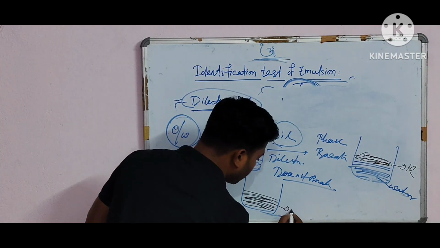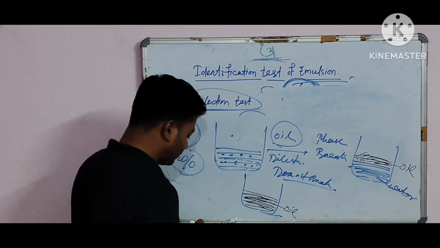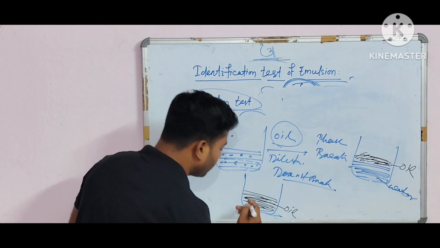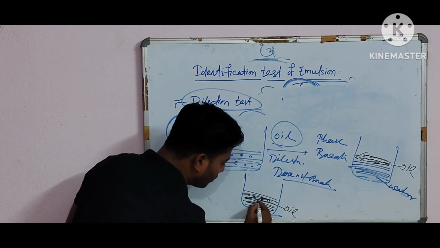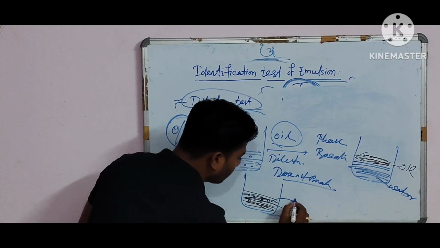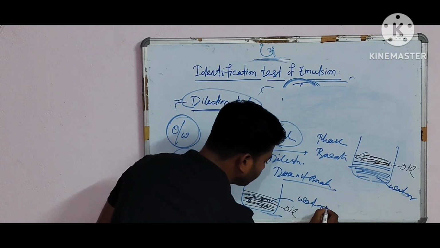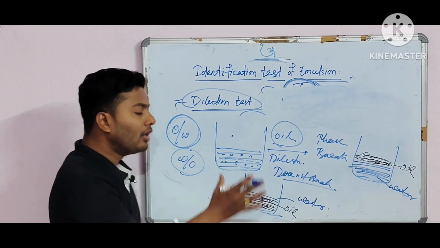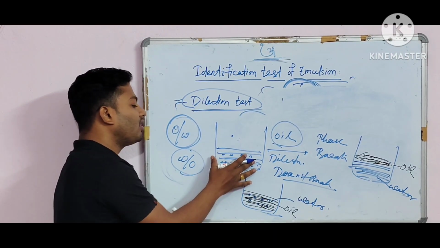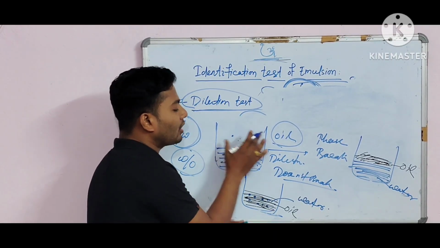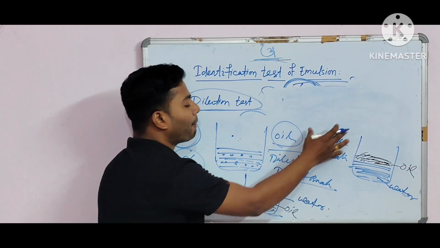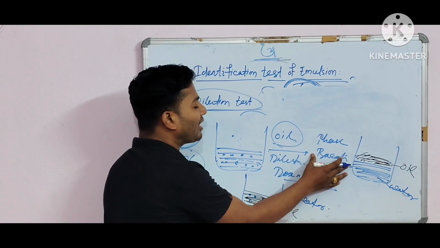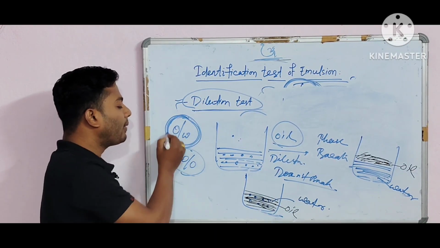That is the oil part, and this one is the water part. Okay, so I don't know which type of emulsion is in this beaker. If this emulsion is diluted with oil and the phase breaks, then definitely you can say it is O/W type of emulsion.